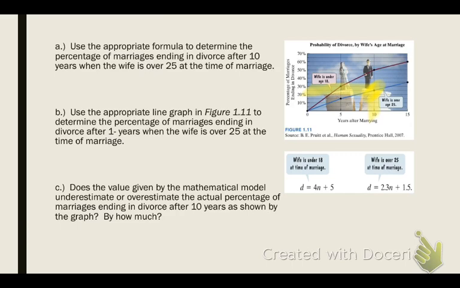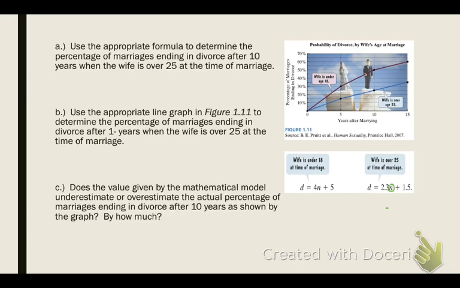But if I use the actual function, n is the number of years, right? So which of the two formulas am I going to use? Am I going to use the one on the left or the one on the right? Over 25 years old, 1 year of marriage. What's the chance of them getting divorced, or what's the percentage? One on the right. What number am I going to plug in for n?